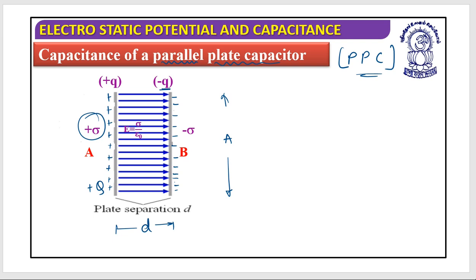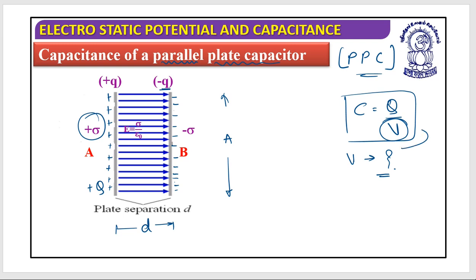When you need to find the capacitance of a parallel plate capacitor, the approach is always the same. First, you must be clear that C is equal to Q by V. Every time you should focus on the voltage, or the potential difference, and once you are done with the potential, just divide the charge by that term, and Q by V will be the capacitance for me.